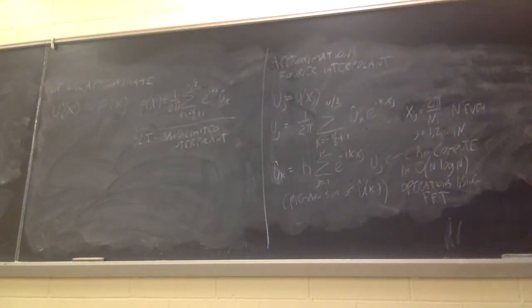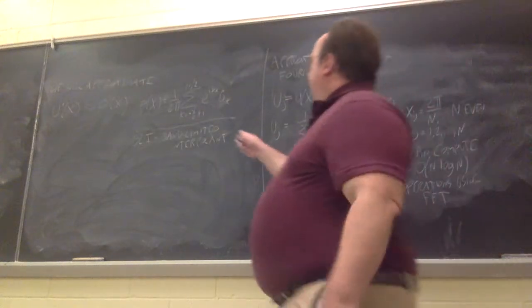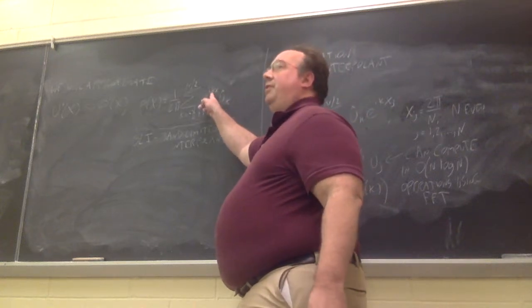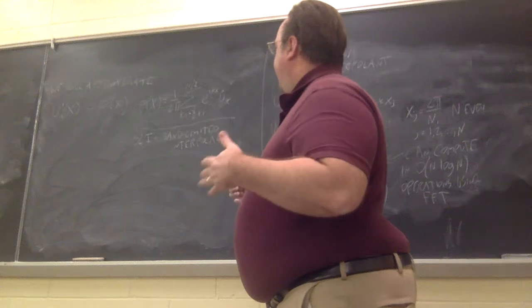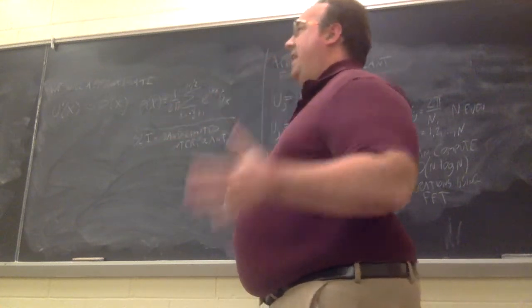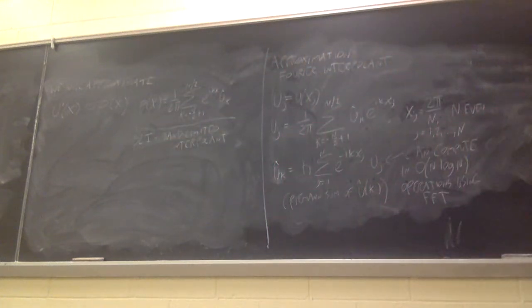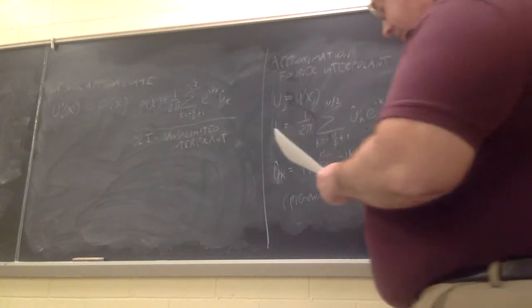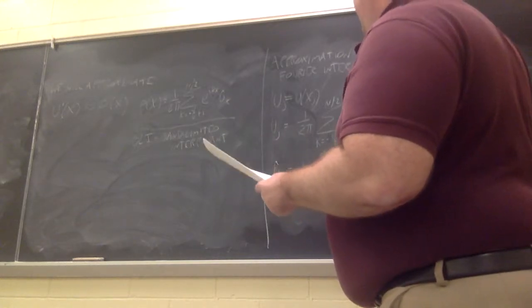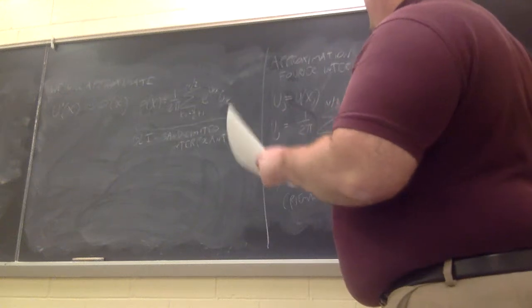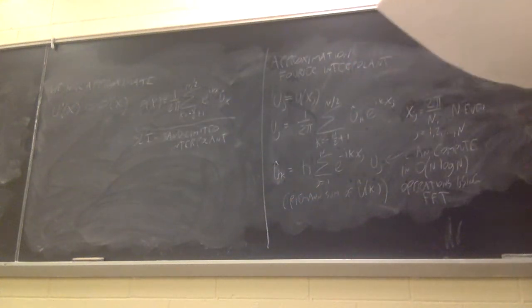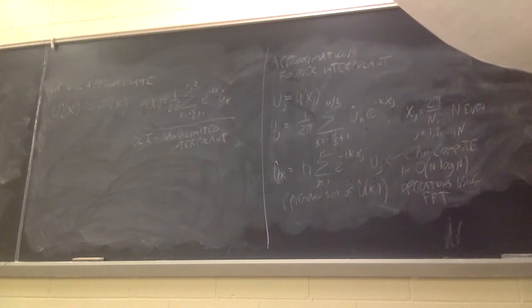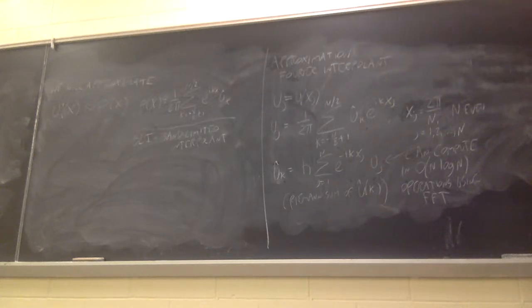So frequencies, so these k's, this e to the i kx, k is a frequency. So we're limiting our function u of x to a band of n frequencies. Okay. So the idea is we can compute the derivative of this exactly, and then take that as our approximation of a derivative of u.